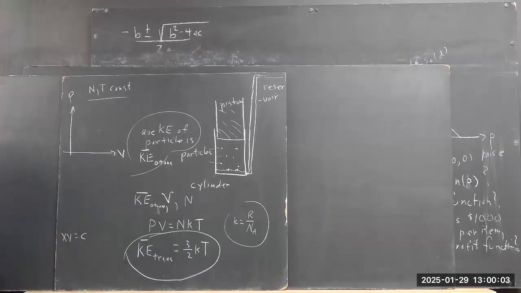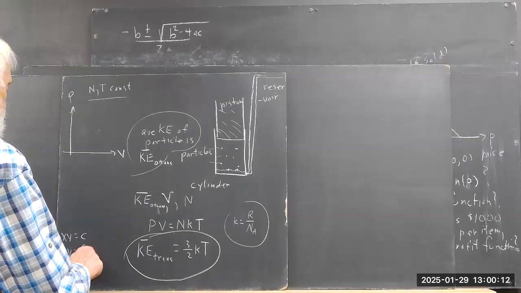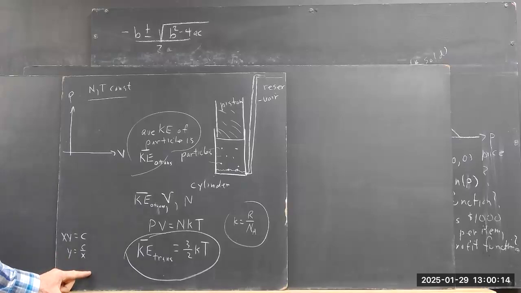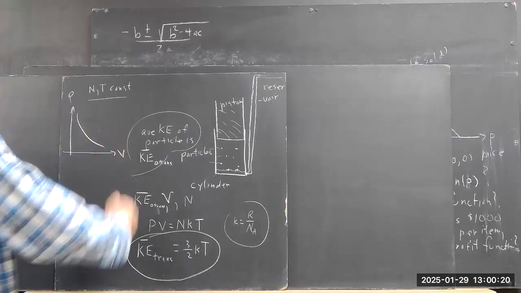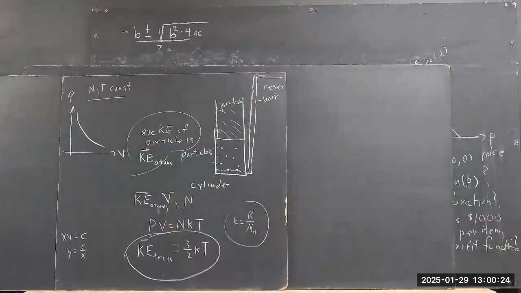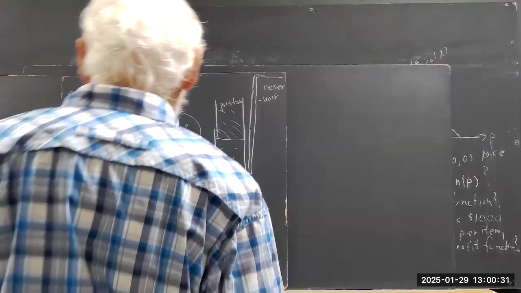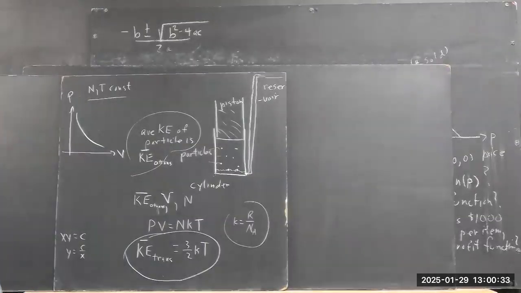Suppose XY equals C, where C is a constant. Then can you solve for Y? Y equals C over X. What's the graph of Y equals C over X look like? You've had calculus, you've had pre-calculus, one of the fundamental relationships you study in pre-calculus. Okay, so you need to tap into your knowledge of functions.